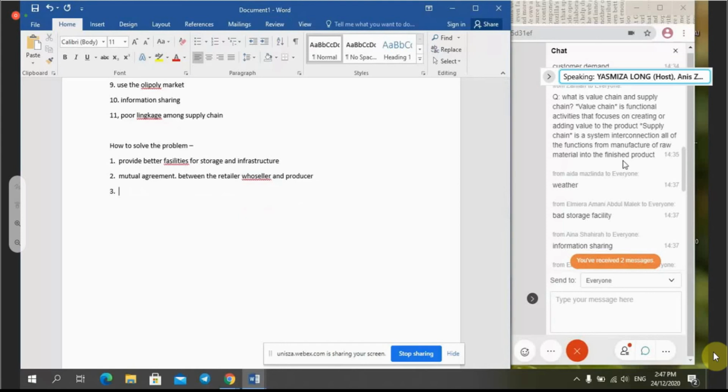Artikel mana tu? Article 1. About rice supply chain varies greatly. So daripada situ ada problem dekat supply chain in rice.